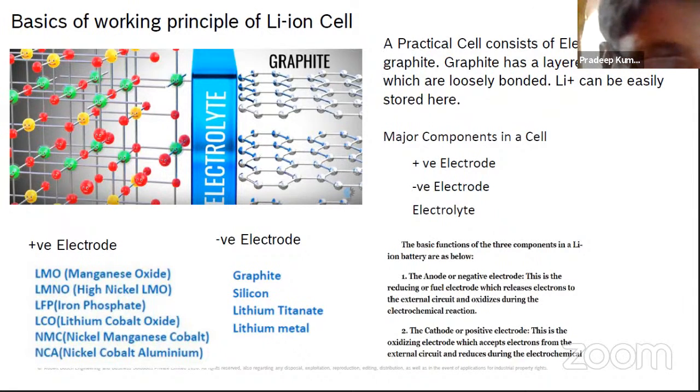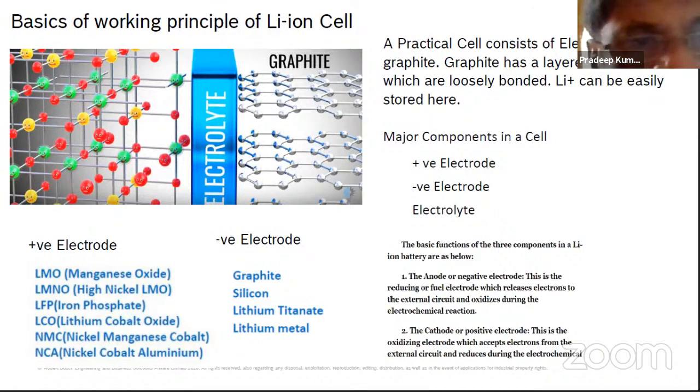LFP, NMC, LMO are used for automotive applications. They can carry the higher current and can also do fast charging. So they are applicable for the high discharge current required for automotive applications, whereas your laptop or camera does not require that much current.